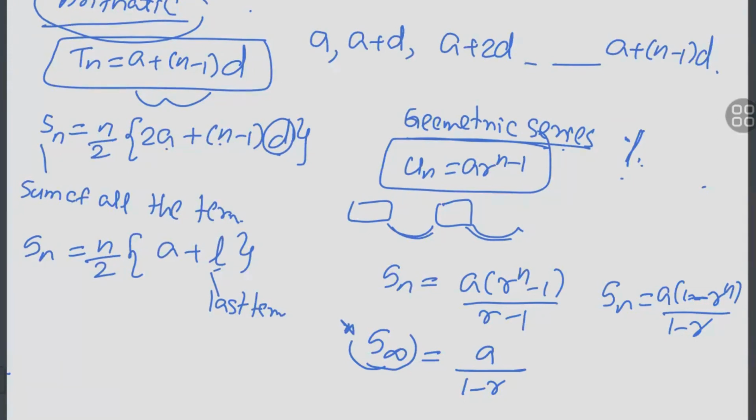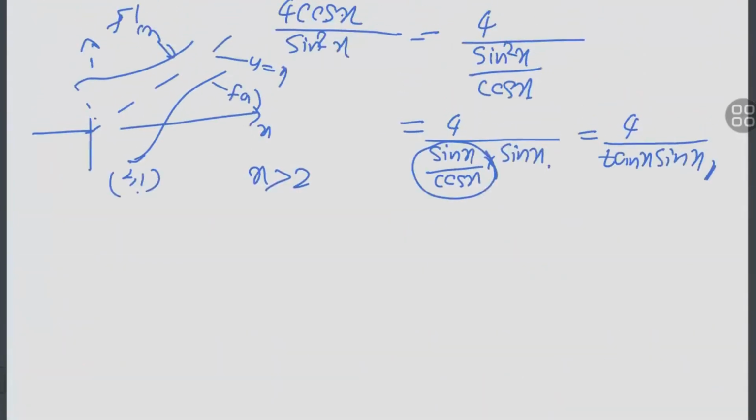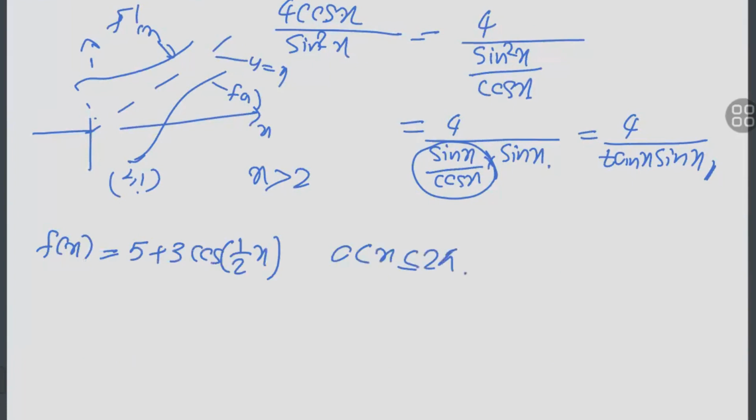Now, actually, before the series lesson, I forgot to tell you one thing about trigonometry. In the trigonometry lesson, they can give you one trigonometry graph to draw, within 0 and 2π or something. They ask you to sketch the graph of this, within this limit 0, π/2, π, 3π/2, 2π.